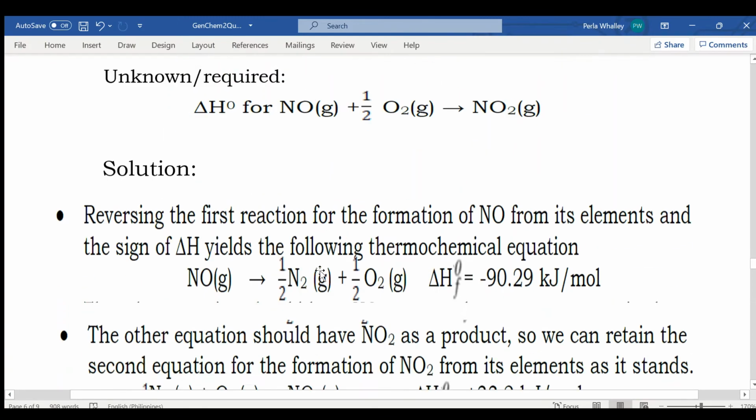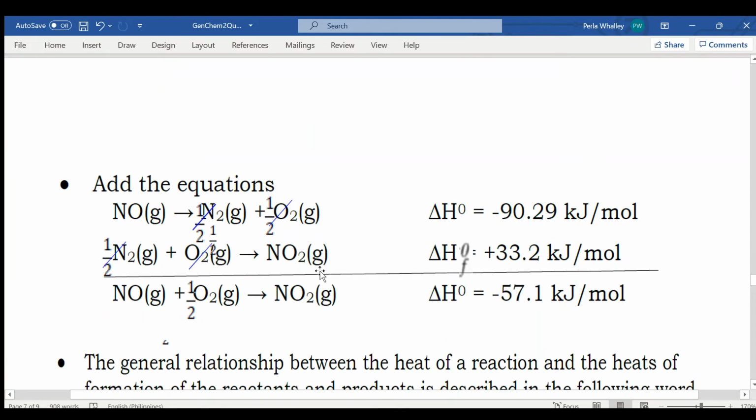So we got that. And what we will do now is add the heats of formation. So minus 90.29 kilojoules per mole plus 33.2 kilojoules per mole is equal to minus 57.1 kilojoules per mole.